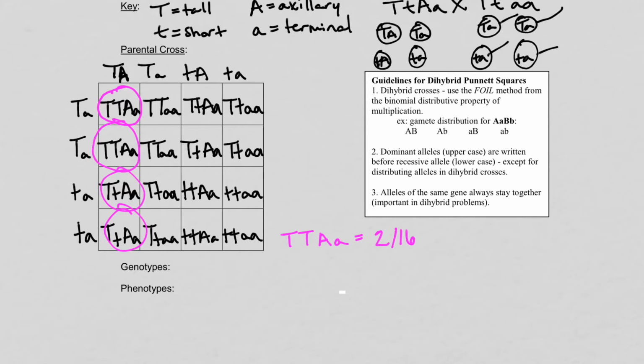I had just done homozygous for tall and heterozygous for axillary, and the phenotype is tall axillary. All right, so now let's see. I'll look at the ones that are, oh, I had started that, heterozygous for both.